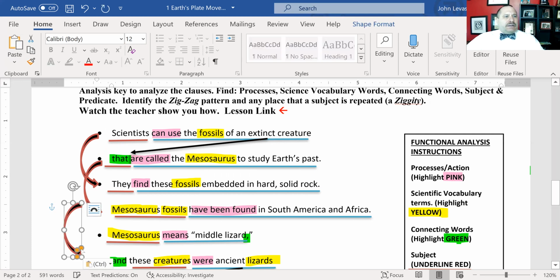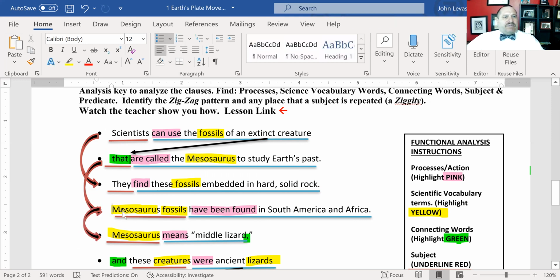And isn't the next subject Mesosaurus as well? So we have Mesosaurus fossils or Mesosaurus, and then we have Mesosaurus again.